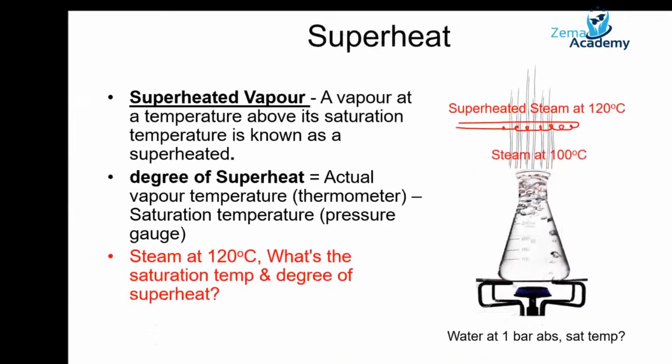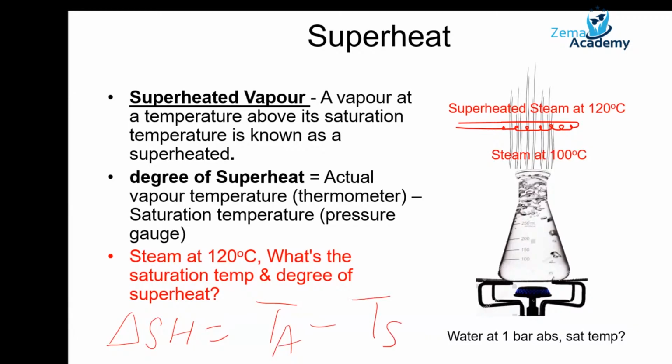Other terms that we will come across is superheated vapor. Superheated vapor refers to vapor at a temperature above the saturation temperature. And we can calculate our degree of superheat: degree of superheat is equal to actual temperature minus Tsat.